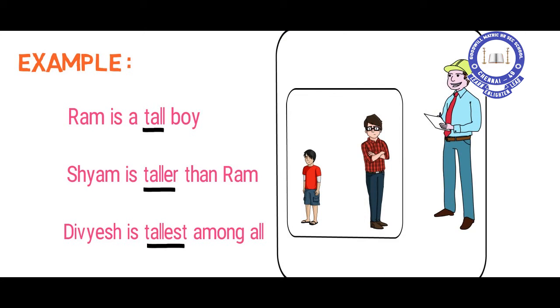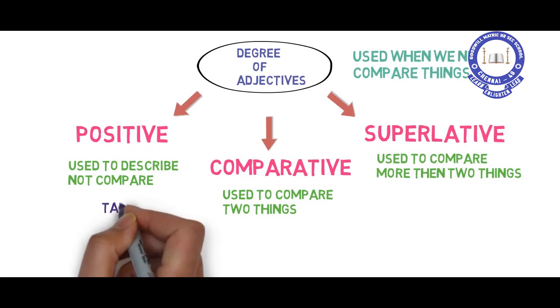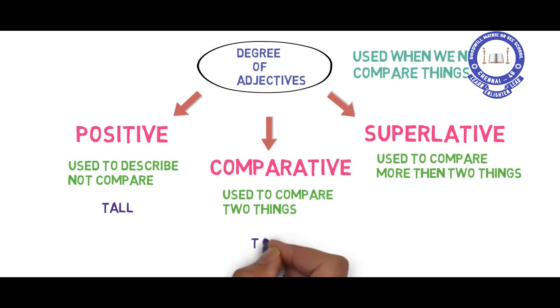Understood, children? So first, tall, it is a positive degree we are using to describe. We are not going to compare. And the second degree is taller. Taller is a comparative degree. So here we are comparing 2 things. And the third one, tallest, is a superlative degree. It is used to compare more than 2 things. So positive degree can be converted to comparative and superlative degree.